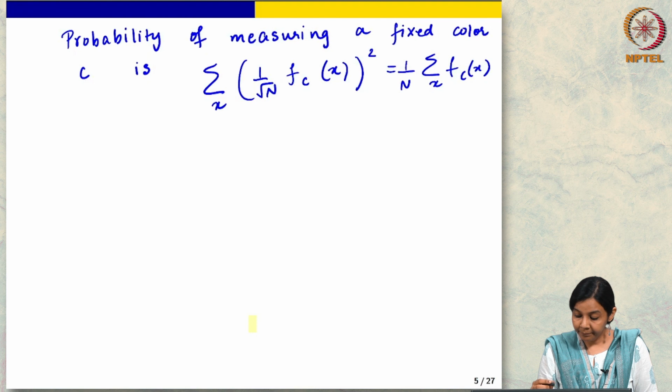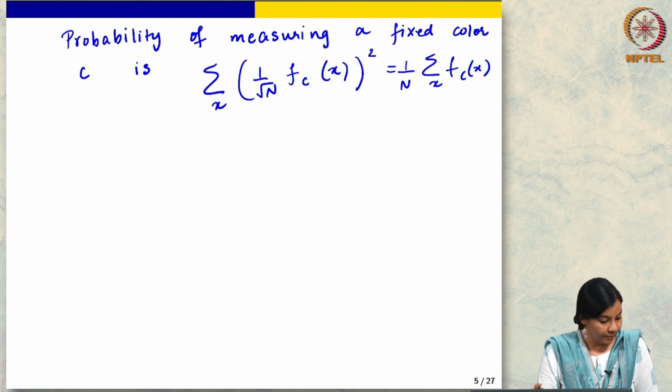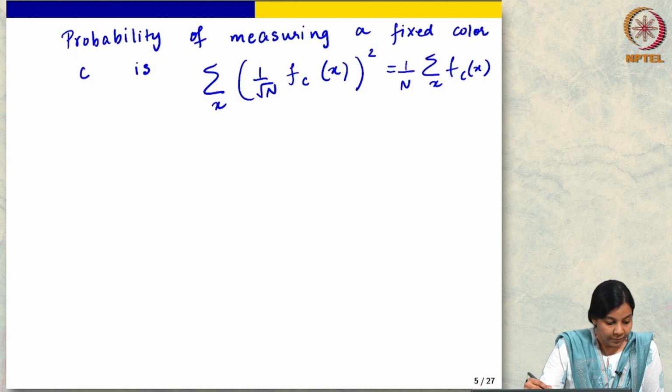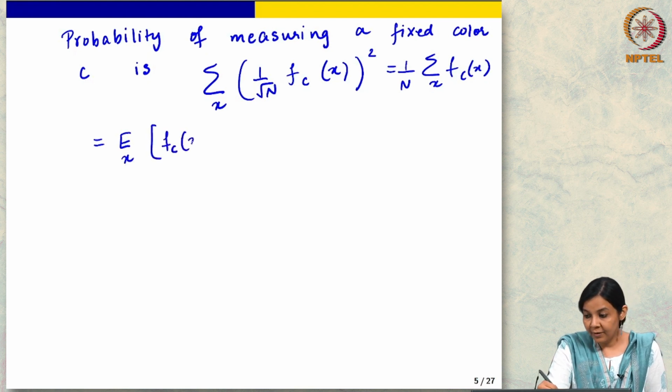Okay. Yeah, and then this is the expected value over x of fC of x.